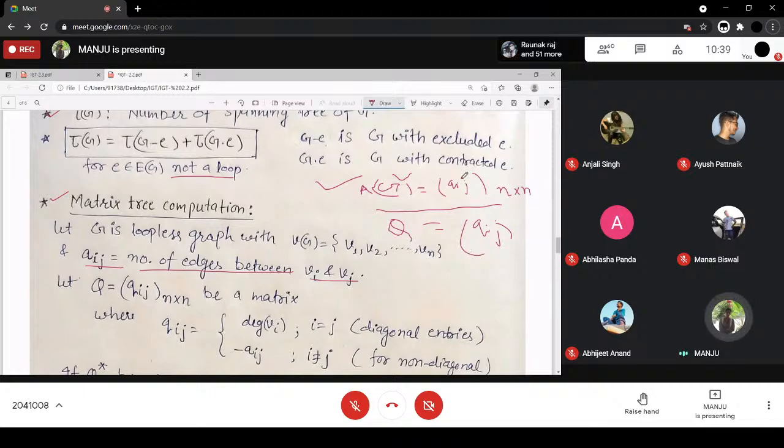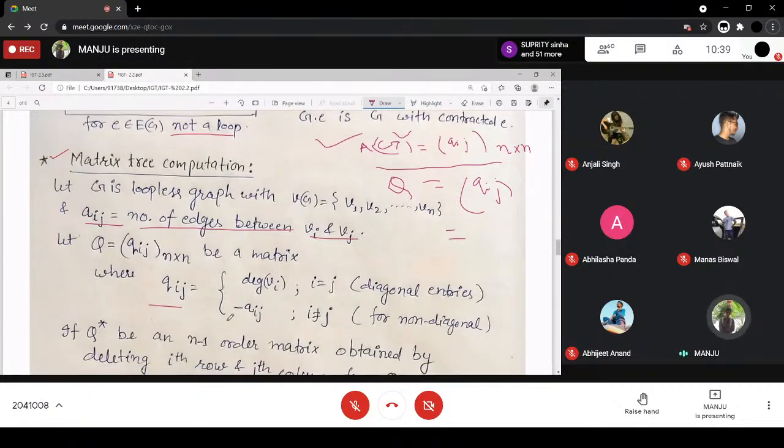So, taking all these Aij, Qij will be minus Aij, and at the diagonal entry, you will take the degree of Vi. For i equal to j, that is the diagonal entry, you will write the degree of Vi, and for a non-diagonal entry, you will write minus Aij, that is minus the number of edges between the ith and jth vertex.